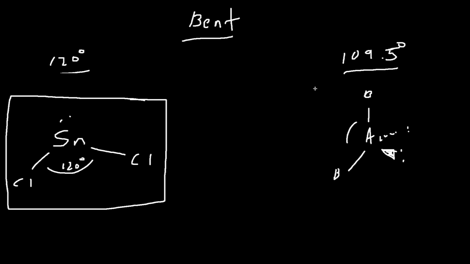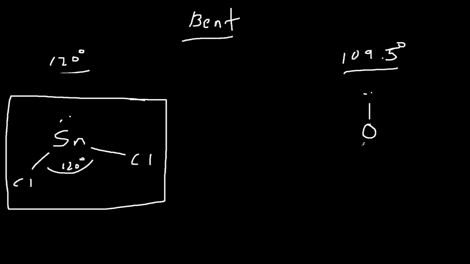The classic example here is going to be water, right? Because water, oxygen, actually has a valence value of 6, so it's going to have lone pairs. Real quick, let me just show you.